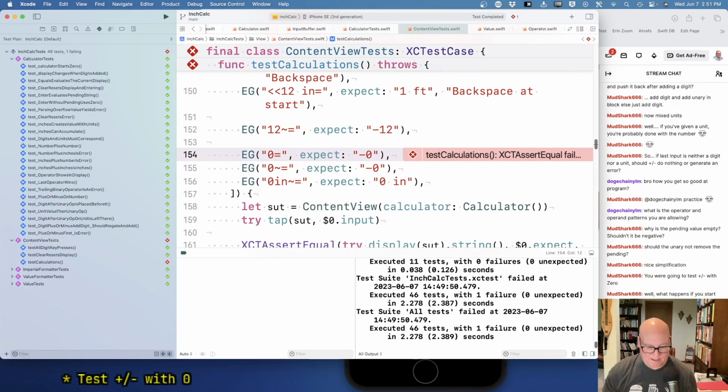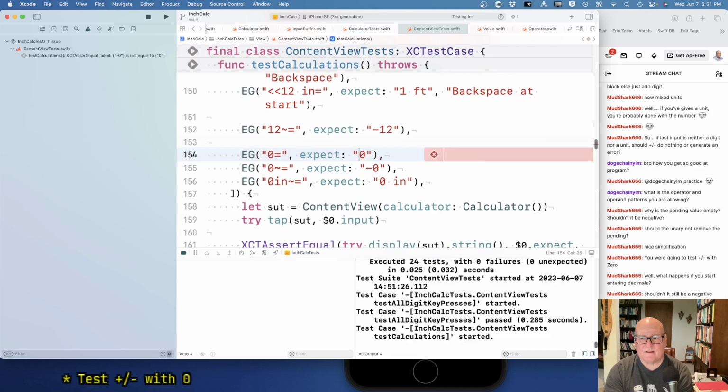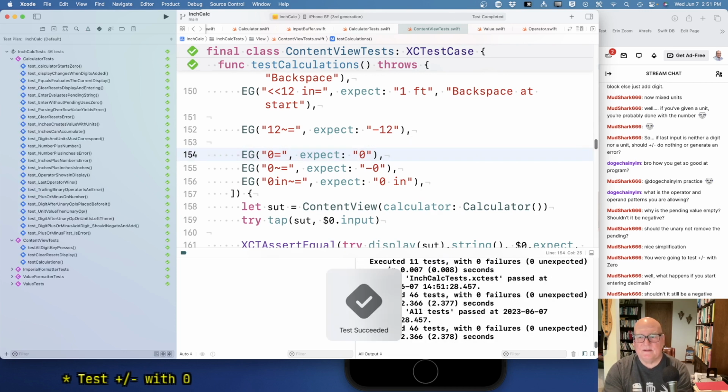0 equals, I expect that one to just be plain old 0. If you start entering decimals, I don't know what happens.